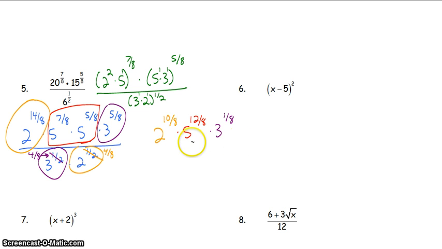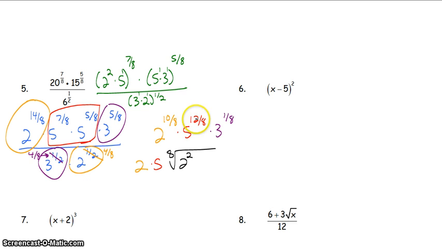So now all I have to do is write it in radical form and take out any numbers that are higher than 1. So 10/8, there's going to be a 2 outside. 5 to the 12/8, that means there's going to be a 5 outside. And then on the inside I have the 8th root of, well, I used 8 of the 2's to take it out, so I have 2 squared left.